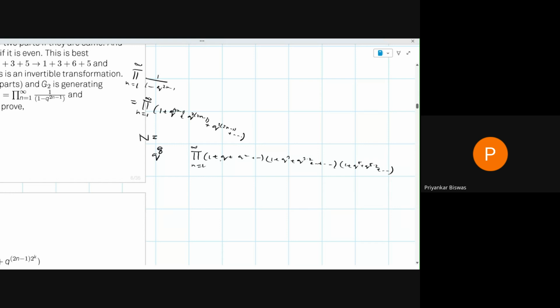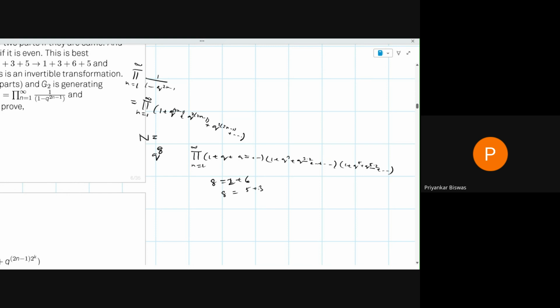You can write 8 as this sum of these exponents, right? So you can write 8 as, say, 2 plus 6, or you can write 5 plus 3.